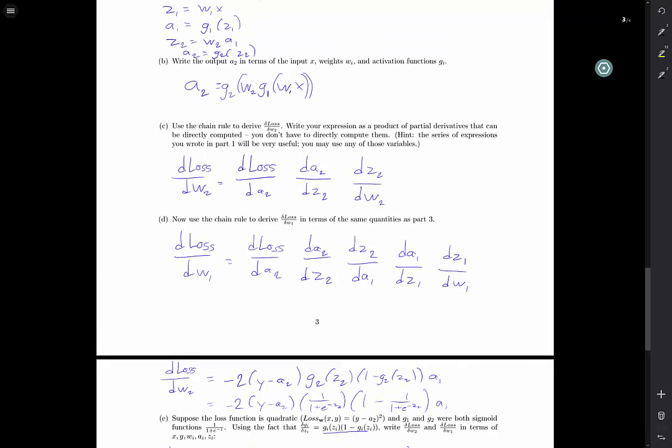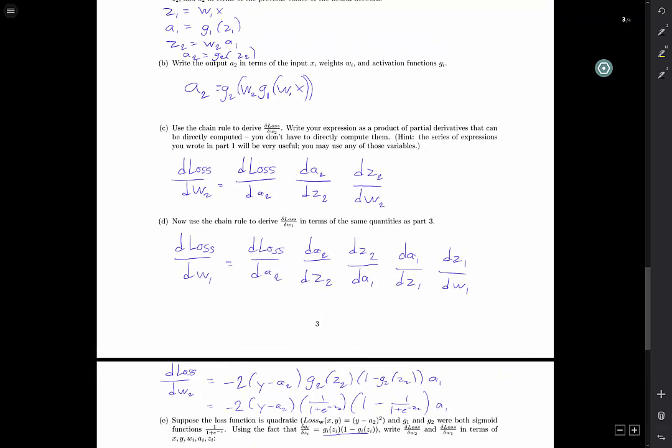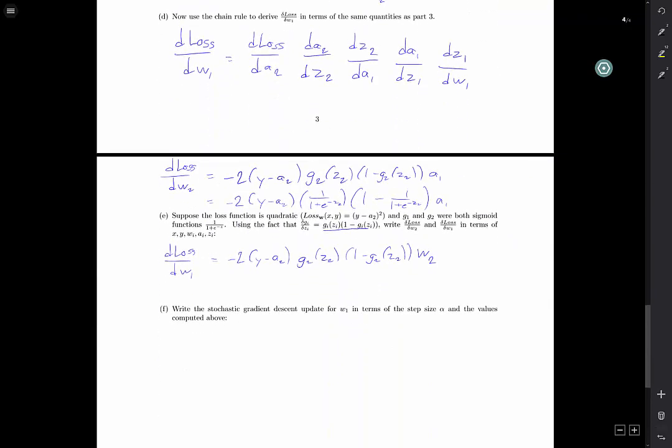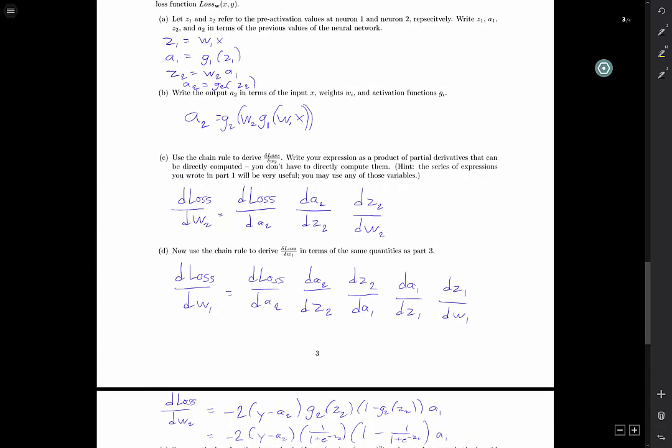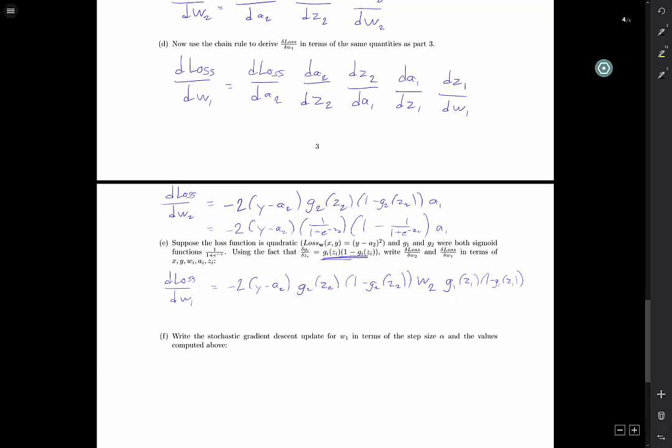Now we get dA1 dZ1, which is similar to before. It's going to be G1 prime of Z1. So using this again, it's going to be G1 of Z1 times 1 minus G1 of Z1. And the last term is dZ1 dW1. We look up at our equations in part A, and dZ1 dW1 is just x.